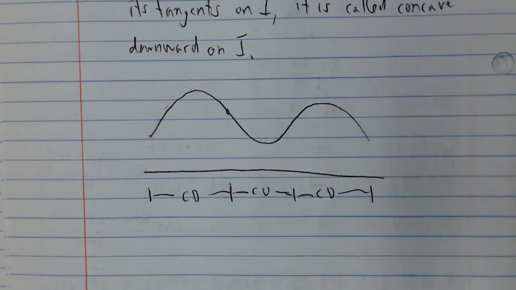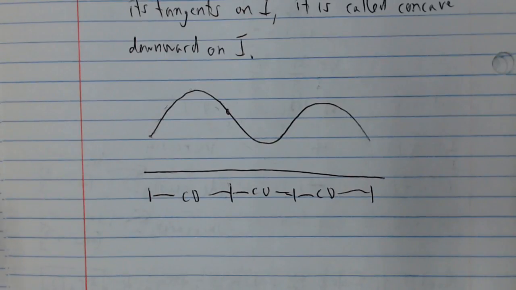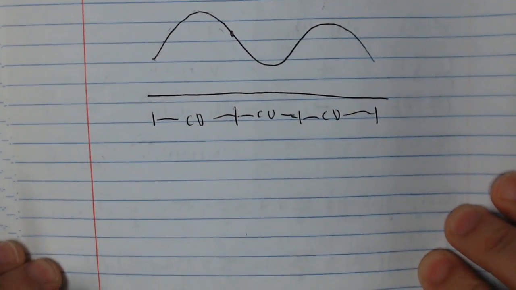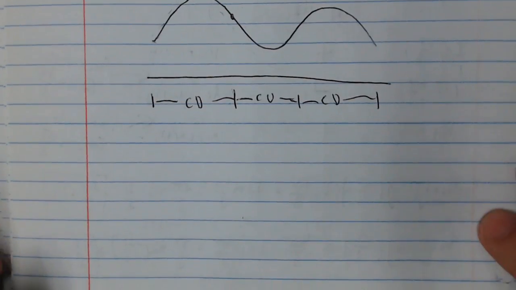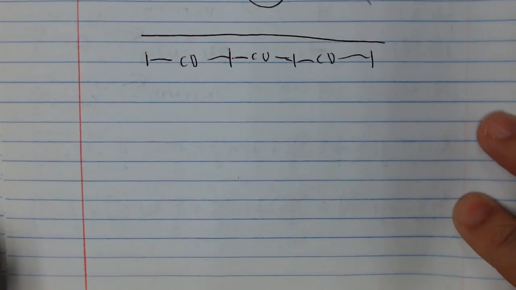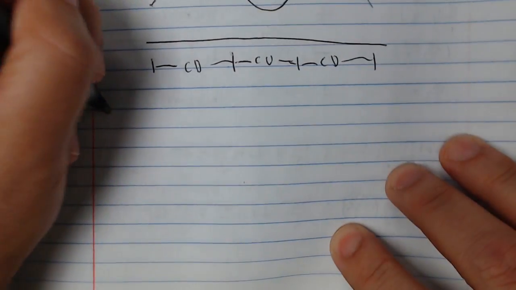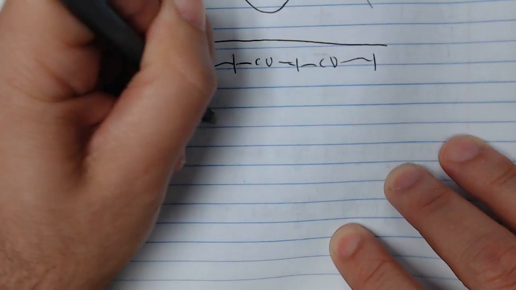So I guess the question now is, now that we know how concave down and concave up look, how could I tell if a function is concave up or concave down? Just like the first derivative helps me figure out when a function is increasing or decreasing, the second derivative is going to help me figure out when a function is concave up or concave down. So let me write out the concavity test.